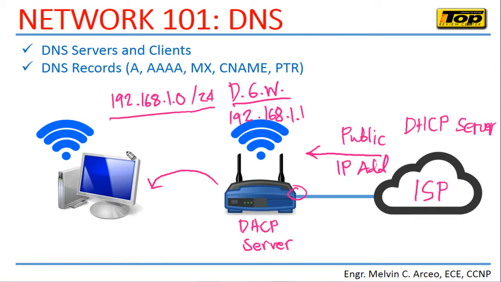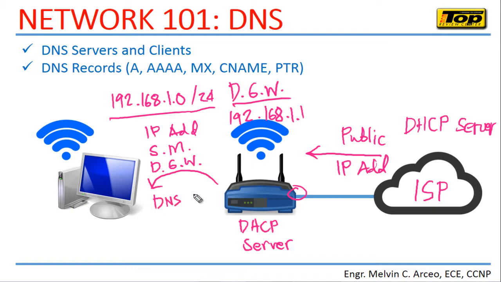Alright? And syempre magbibigay ito ng IP address dito sa ating PC or dito sa ating laptop. Actually, ibibigay niya is the IP address, yung subnet mask, yung default gateway, and if you still remember our concept on the DHCP, we can also configure the router with the DNS server.